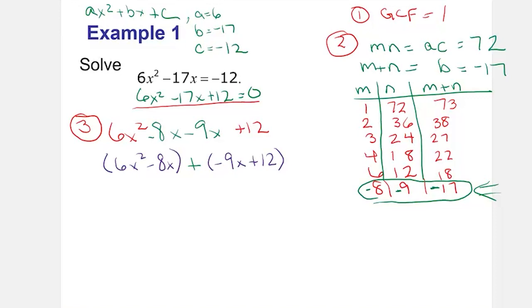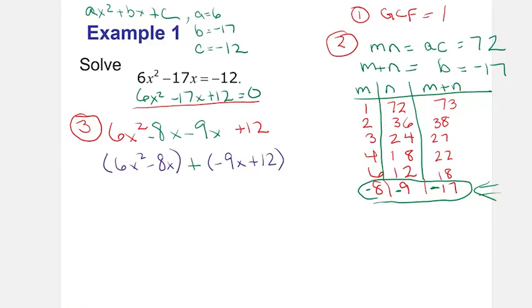For example, if you just decided to do something like this, which I've seen people do, notice if you distribute that negative, that would be minus 12. So to avoid making that mistake, I always just say, put a plus between them and separate them into two groups.